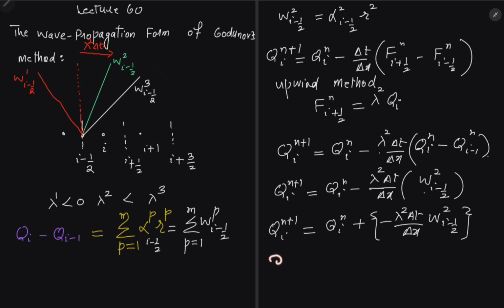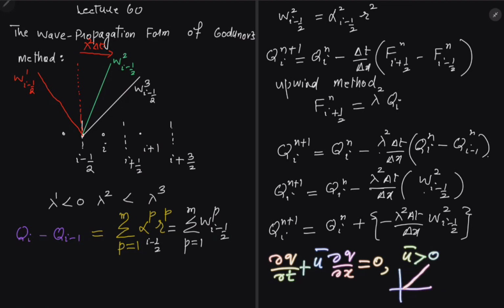Let me just remind you, for example, we have partial q by partial t plus u bar partial q by partial x equals 0. In this case, u bar is greater than 0. If u bar is greater than 0, you know that the characteristic slope is positive, so the wave travels from left to right.